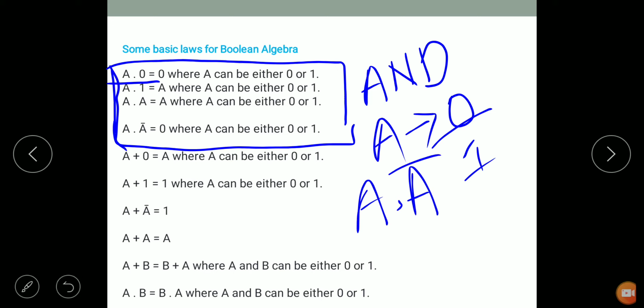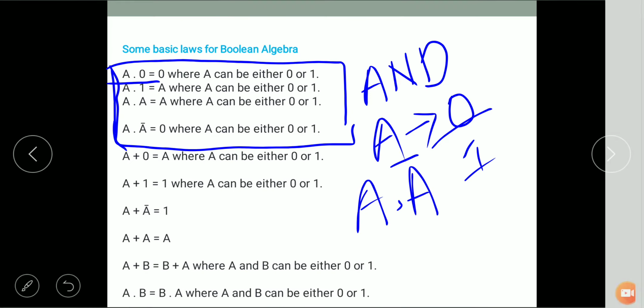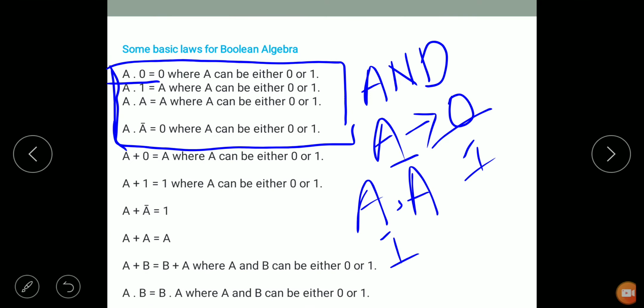Now we go for the next, that is a dot a bar. Here also the same. If a is 0 and this a is also 0, then a bar provides us 1, so 0 dot 1, that is 0. Then if this a is 1 and this a is 0, then this contains 1, so it is 1.